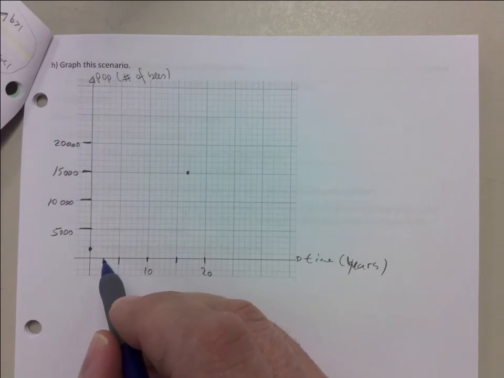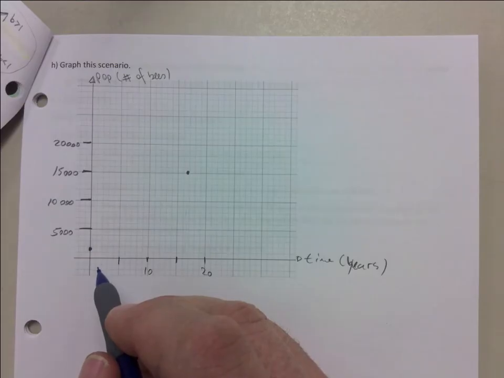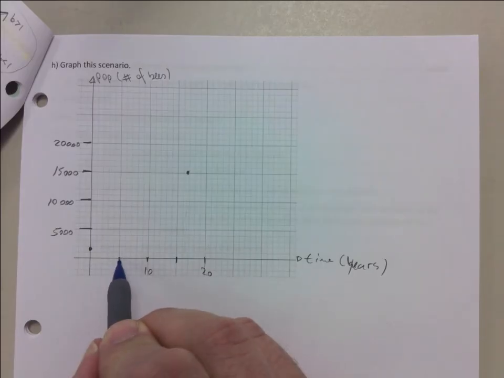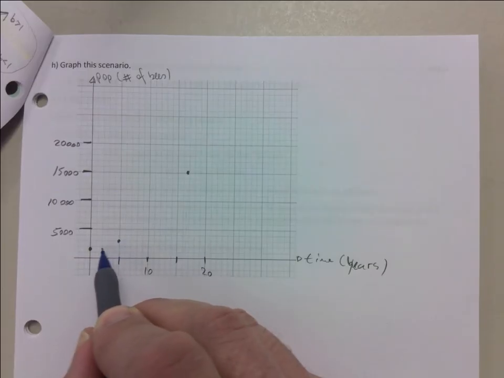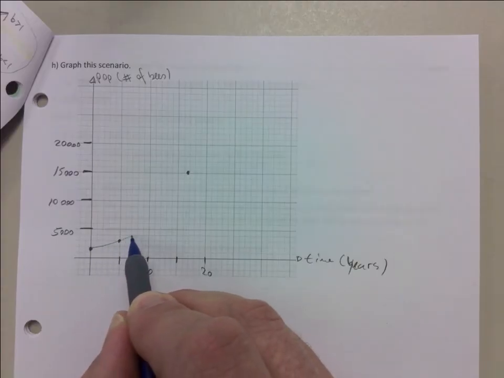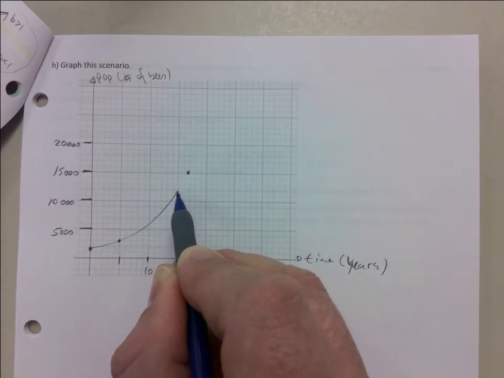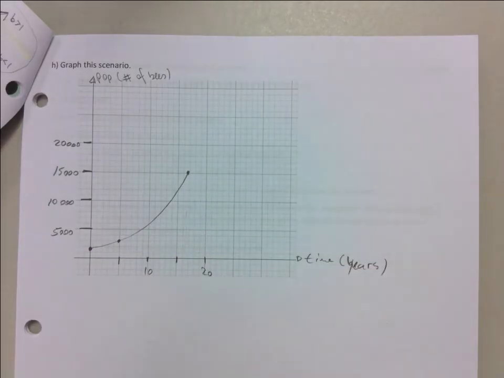I'm going to help myself with some of the points I've already figured out. For example, the doubling time happened at almost 5, 3,000. So I'm going to put that point down there to help me out. And just make sure it has a curve. There we go. No arrowheads on this one. If it wasn't for that statement in G, you could have made an arrowhead to say it's going to continuously grow, okay? But it stops there.